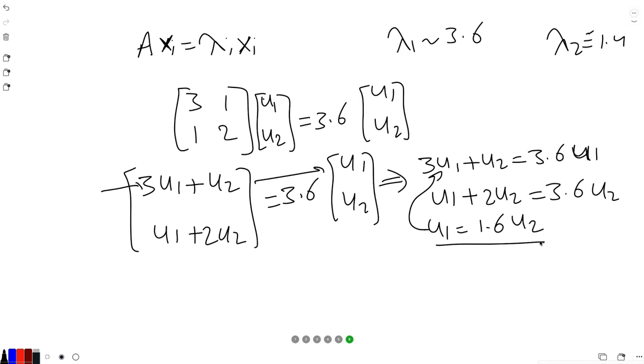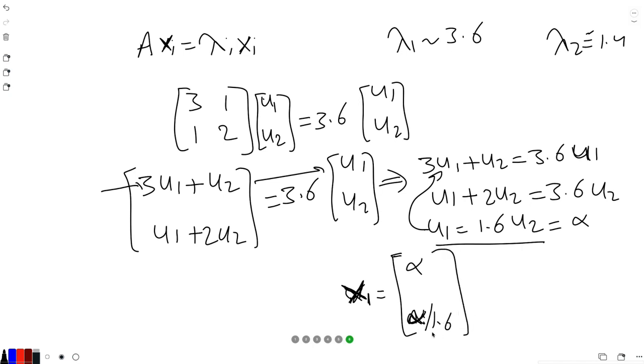What does that mean? It means that if we say u1 is alpha, then this is the first eigenvector. If u1 is alpha, then u2 is alpha divided by 1.6.